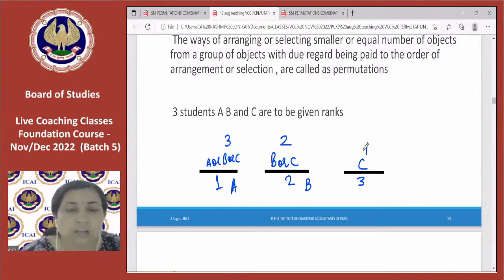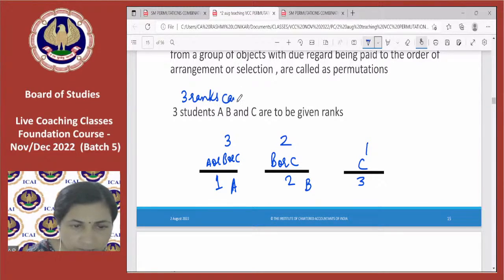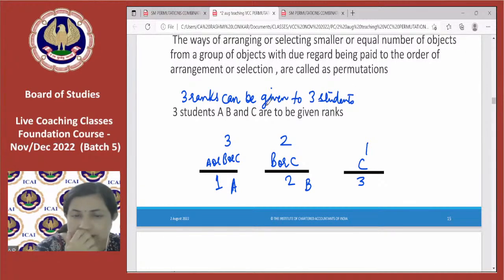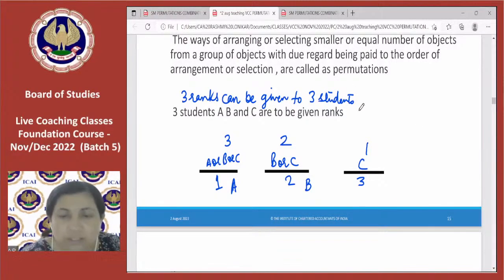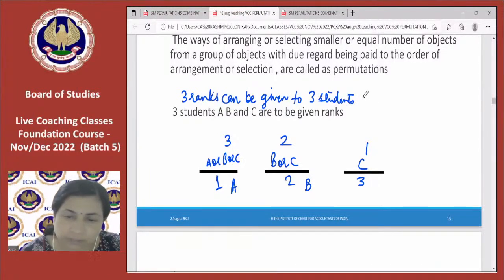So 3 ranks can be given to 3 students. Now which rule do I have to use? I have to use the multiplication rule, because I want to give all ranks 1, 2, and 3.